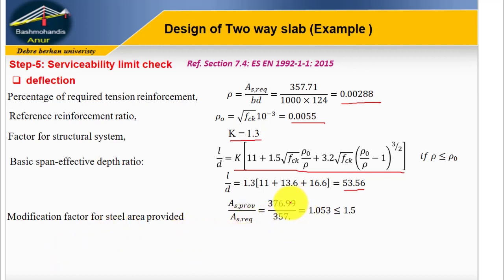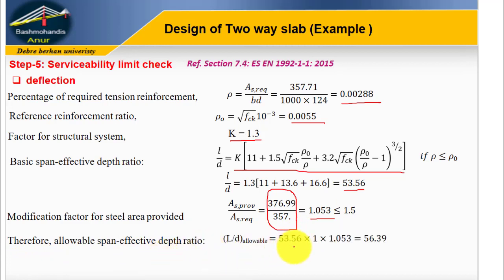AS provided is 376.99, AS required is 357. The area of steel we are taking is at mid-span in the shorter direction, where the governing moment is, therefore this value must be less than or equal to 1.5. Therefore allowable span effective depth ratio equals 53.56 times 1.053. The other modification factor applies only for double reinforcement, so normally we use only this reinforcement. Therefore this comes to 56.39.